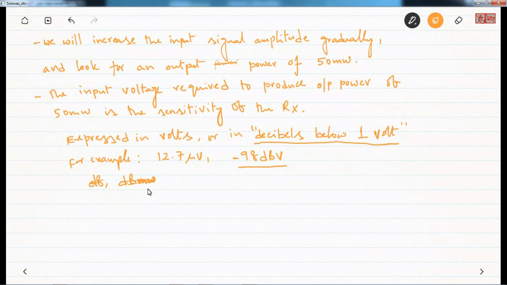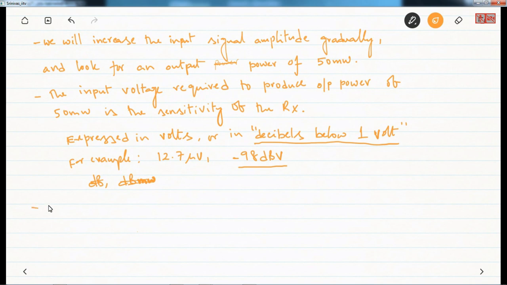Sometimes some professional receivers also give you that the receiver sensitivity is some 15 microvolts or 10 microvolts or 13 microvolts for an output power of 50 milliwatt and at an SNR of something like 20 dB, right?